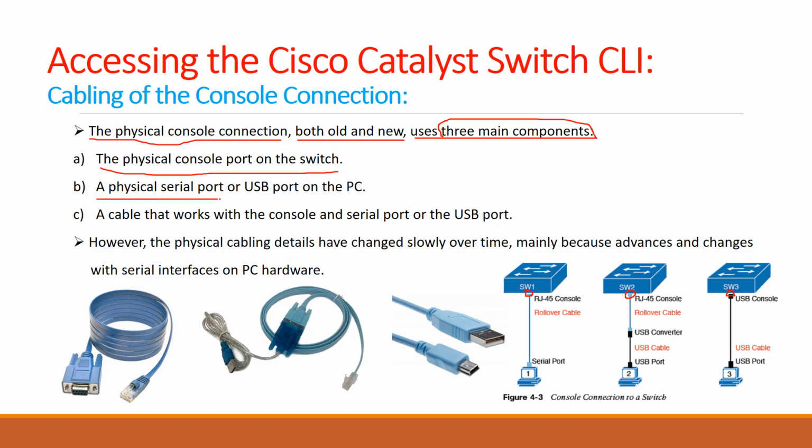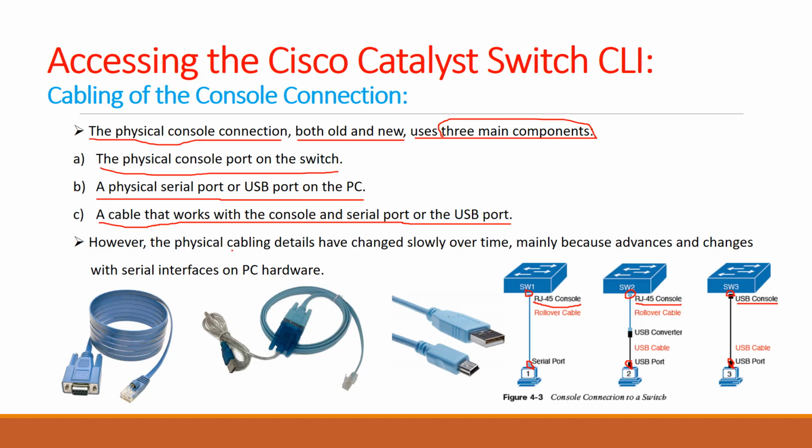A physical serial port or USB port on the PC, like this serial port, this USB port, and this USB port. And by the way, the console port here is an RJ45 console port, and here an RJ45 console port, and here a USB console port. The third main component is a cable that works with the console and the serial or the USB port.